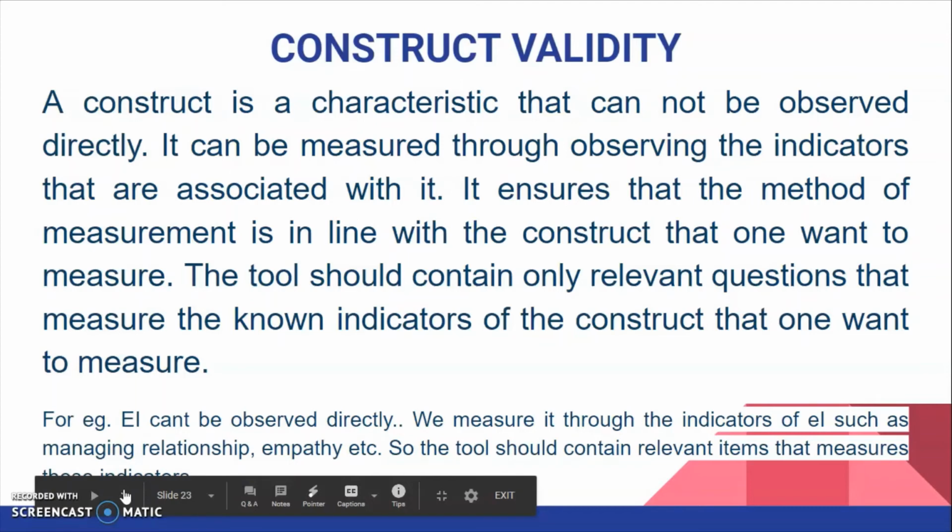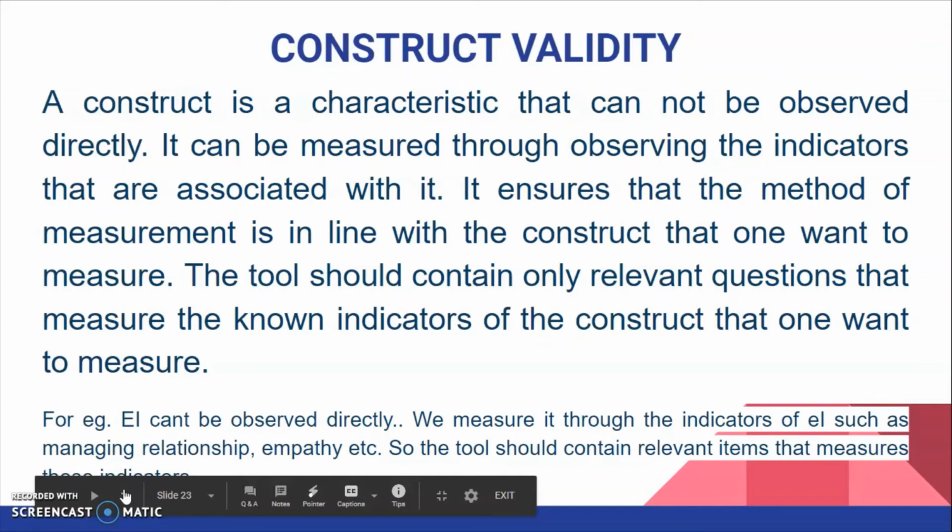It can be measured by observing the indicators that are associated with it. It ensures that the method of measurement is in line with the construct that one wants to measure. The tool should contain only relevant questions that measure the indicators of the construct.